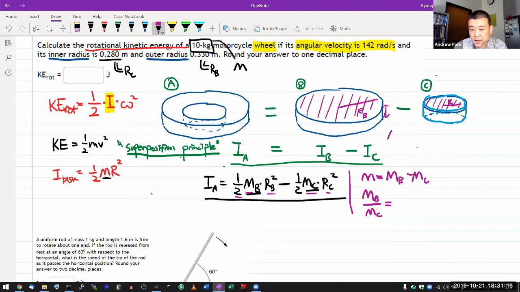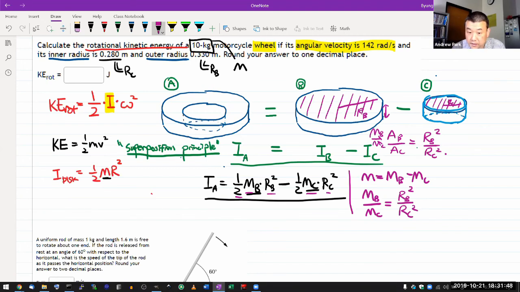The base area of B to the base area of C should equal the radius B squared over radius C squared. So that makes sense. And this ratio of the areas is the ratio of the masses, MB over MC. So then it's RB squared over RC squared.